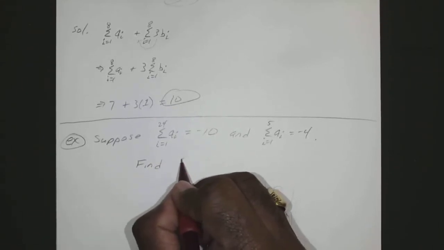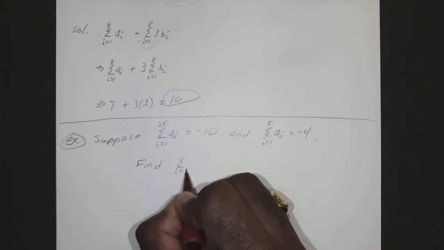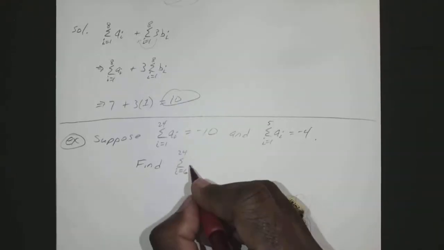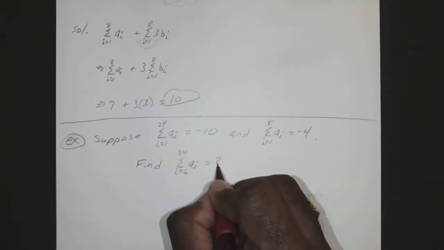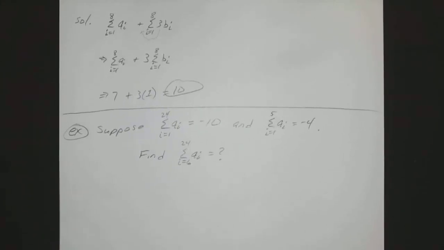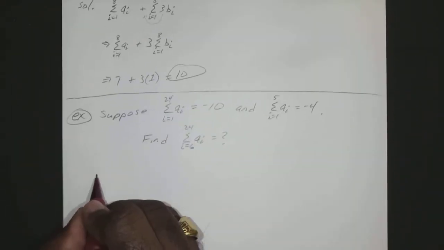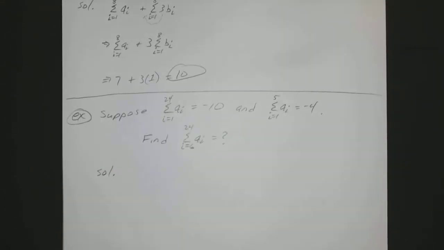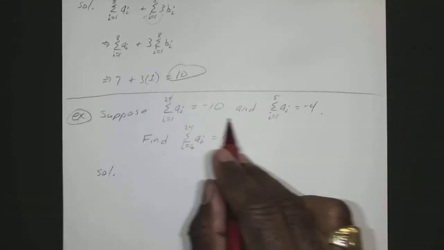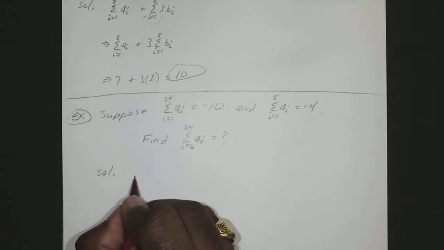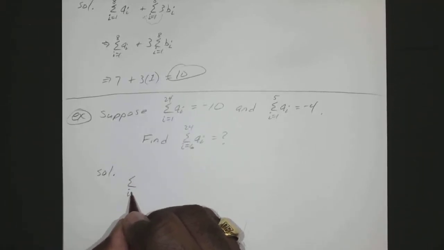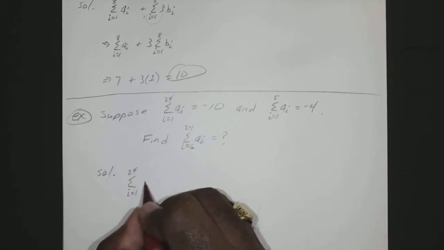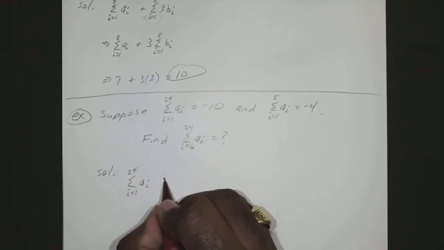And we want to find the sum from I equals 6 to 24 of a sub I. All right, so the one thing we know right from the beginning, before we even start with the values, is the fact that our sum from 1 to 24 of a sub I can be broken down.